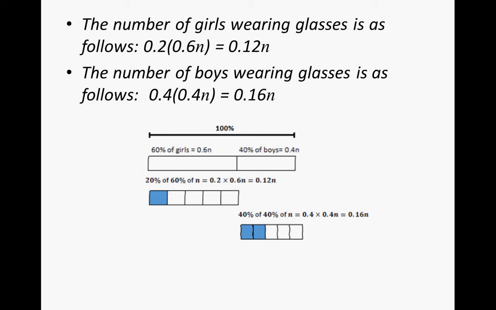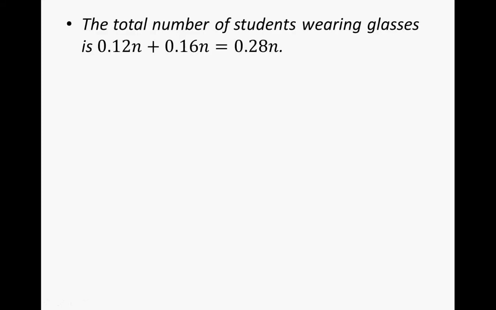So that would be taking 40% and split it up into 5. Well, 40 divided by 5 is 8, so this would be 2 sections of 8, which is what gives us 16/100.